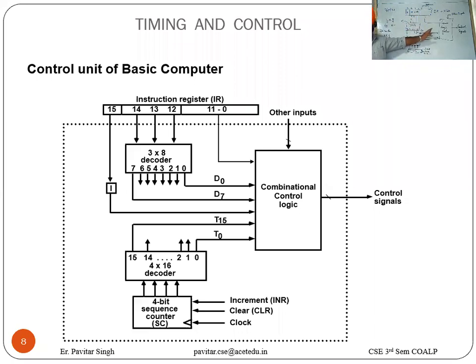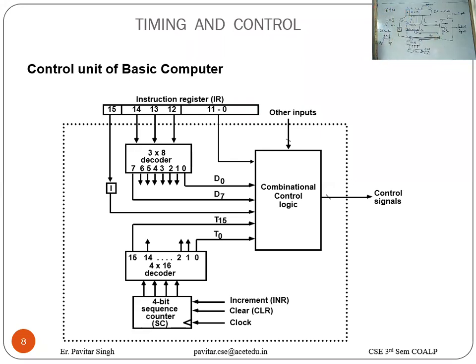What are the various inputs which are given to the combinational logic gate? Right? Where you have 0 to 11. You can see the diagram from your PPT. So one more input which is there is bit number 15, which will be given as an input to this combinational logic gate.